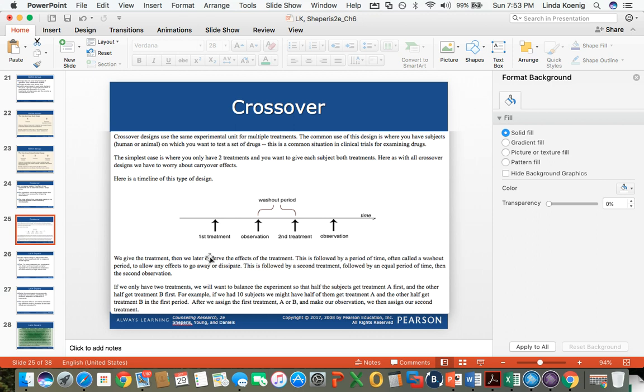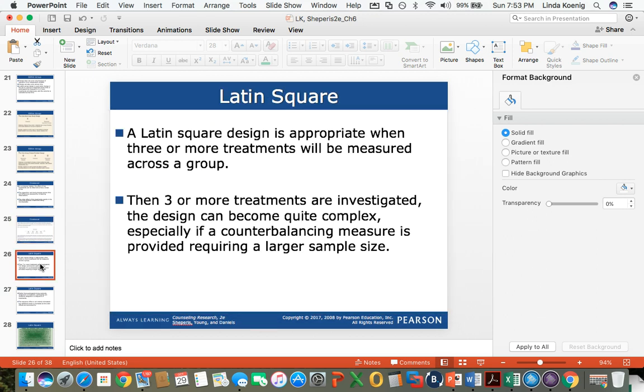The second treatment would actually be first, observation, washout period, and then the first treatment would occur here, and then observation. And then we want to compare the outcome of this group with the outcome of this group to make sure that it wasn't just the order of the treatment that created any of the effects. All right, and that's called counterbalancing.